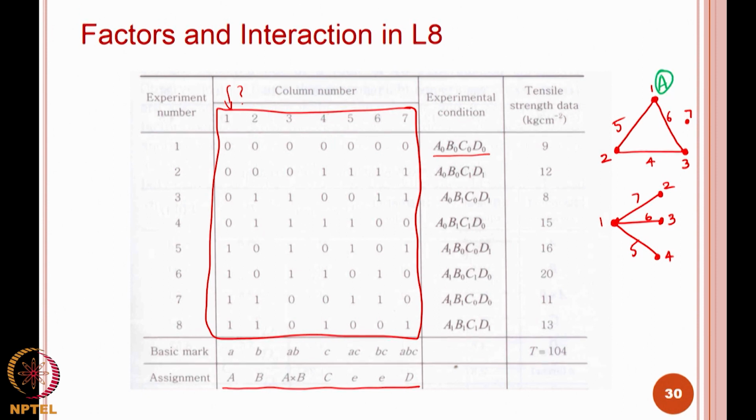I assign A to 1, you assign B to 2, you assign C to 3, then your 4, 5, 6 are frozen. What is my 5? A cross B. What is my 6? A cross C. What is my 4? B cross C.